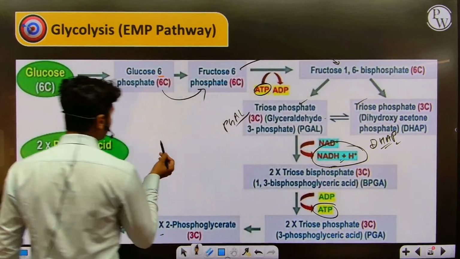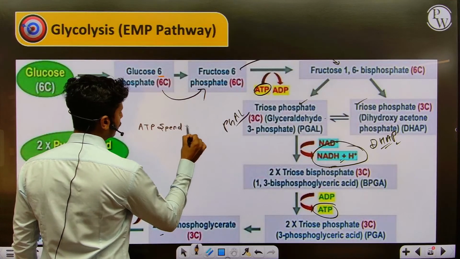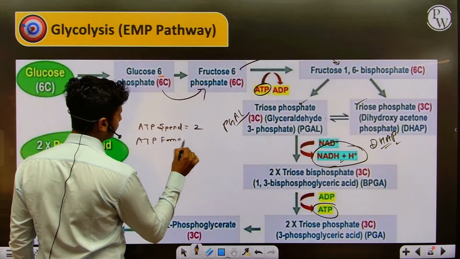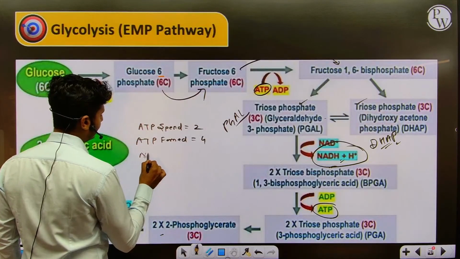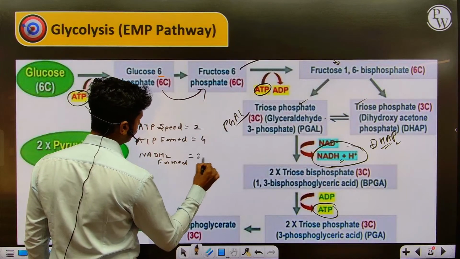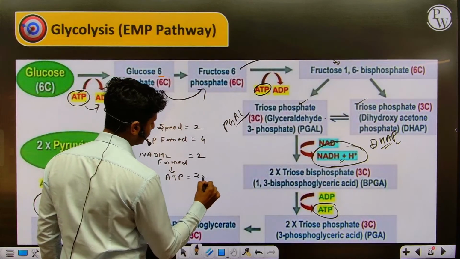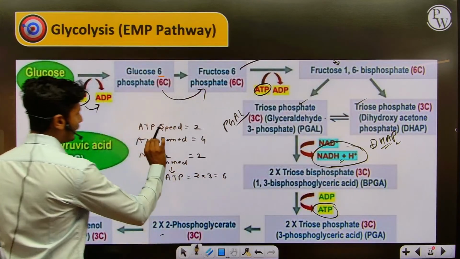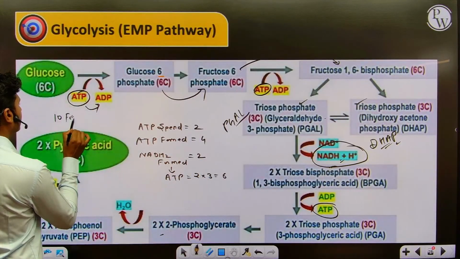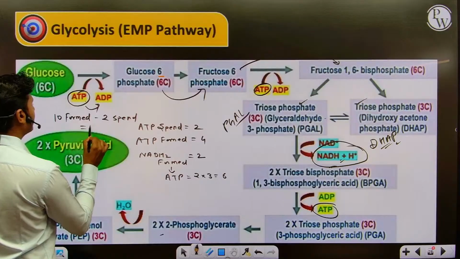So we can say ATP spent 2, ATP formed 4, NADH2 formed 2, ATP from NADH2, 2 into 3, 6. 2 ATP spent, 4 and 6 means 10 formed, minus 2 spent is equal to 8.